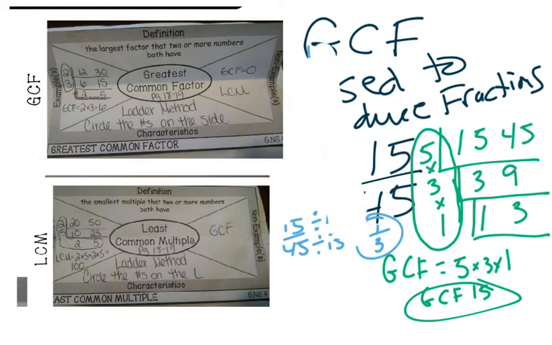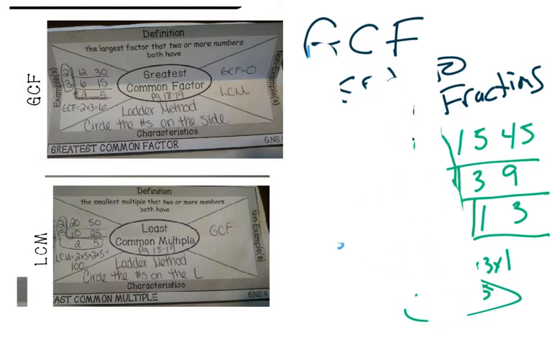All right, so let's get rid of this, and then let's talk about least common multiple. So least common multiple is also equally important with dealing with fractions, actually probably more so. Another name for least common multiple turns into the least common denominator.